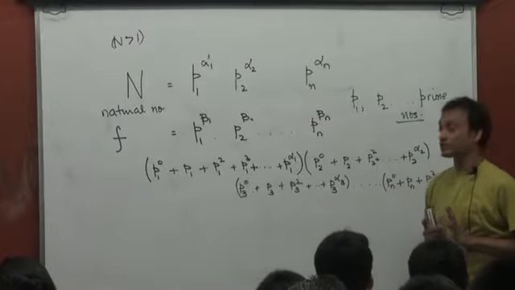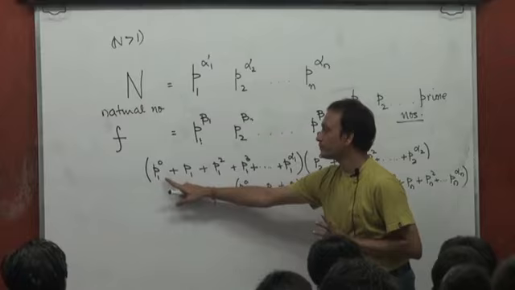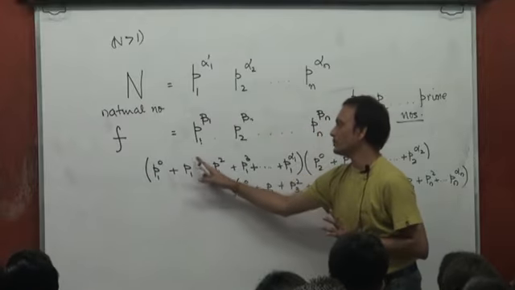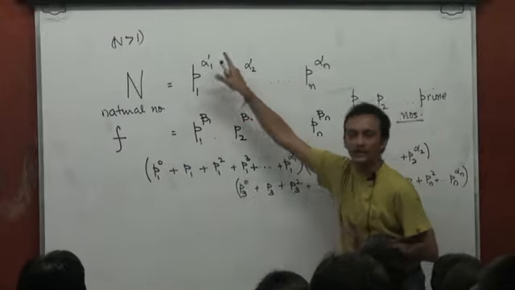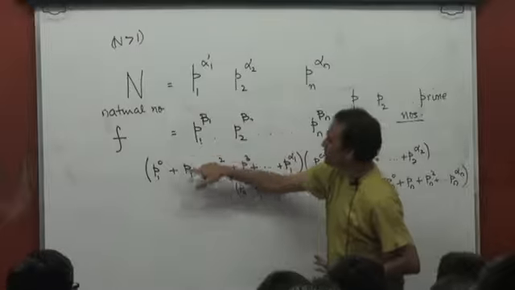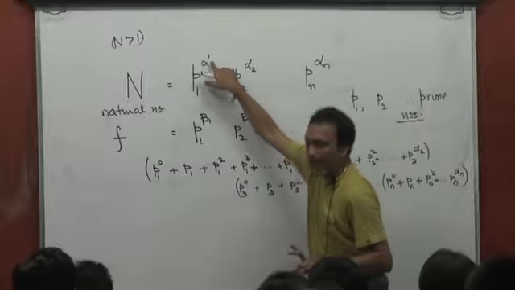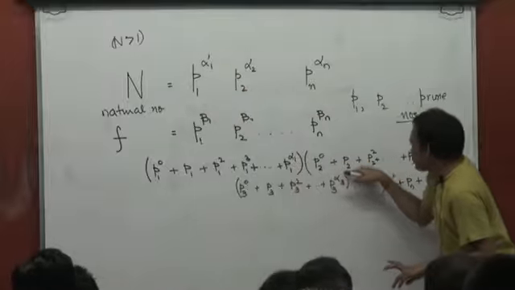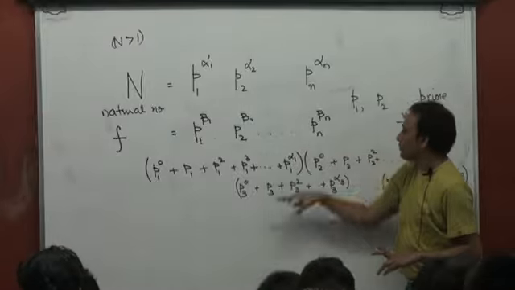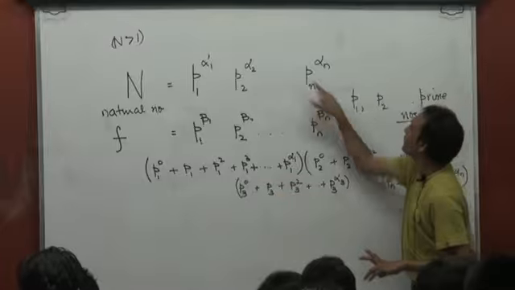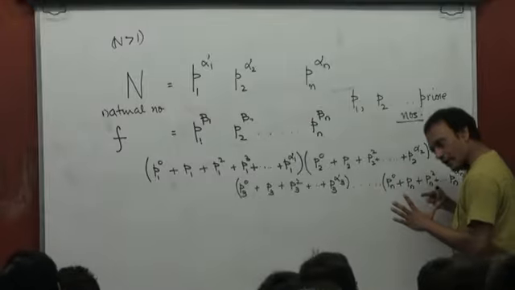Just observe this product of terms. I take the prime number P1: P1 to power 0, P1 to power 1, P1 to power 2, P1 cube, P1 to power alpha 1, going all the way till alpha 1. Different powers of P1 are included here, from 0 all the way to alpha 1. Different powers of P2 are included here from 0 all the way to alpha 2. Different powers of P3 from 0 all the way to alpha 3. Different powers of Pn from 0 all the way to alpha n.